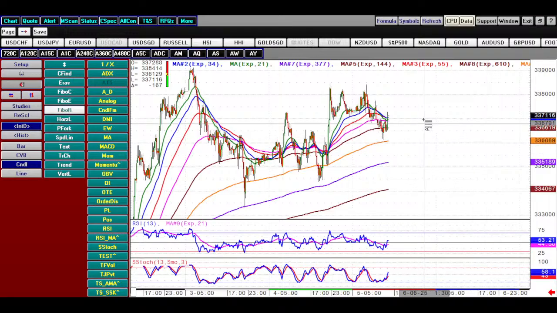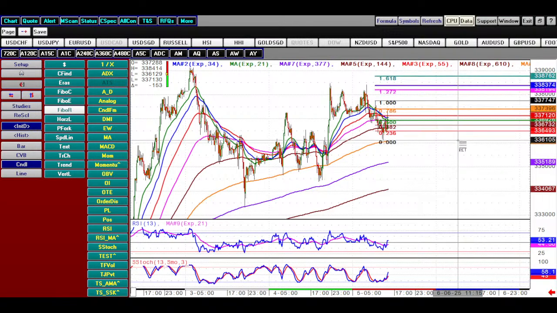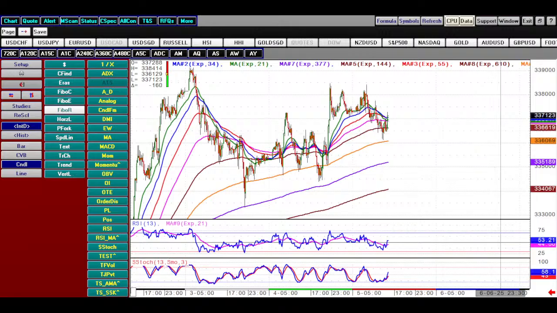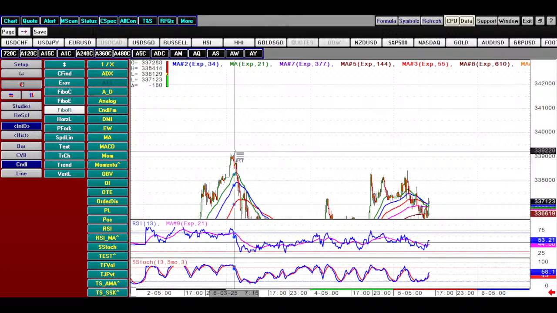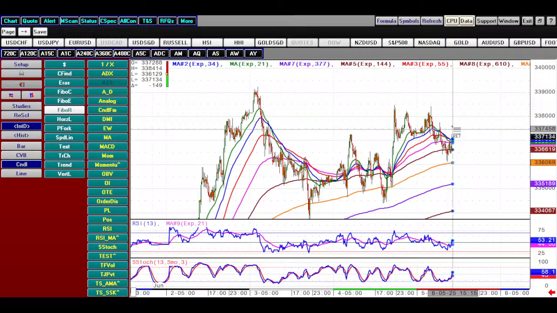Then we will go to 80. If the 77 breaks, we should see about 80, 81 half. So the next one, 3381, 81 or 81 half. Then the third tier: 92 is your previous high.